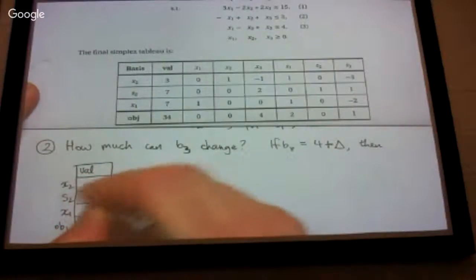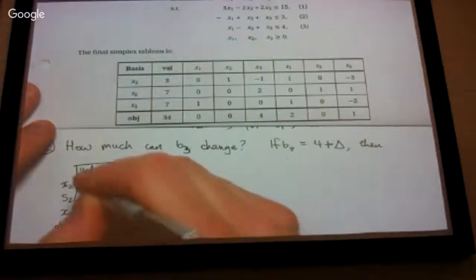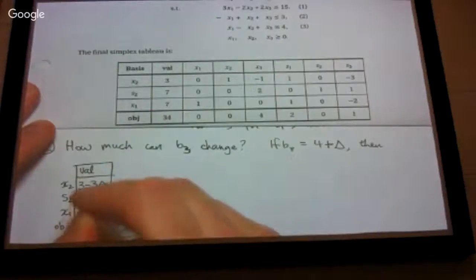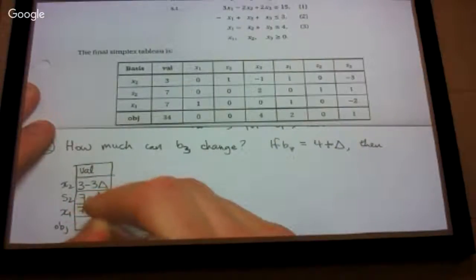It's the new ones. The new ones, yeah. What are they? 3 take 3 delta. Yeah, that's right. 7 plus delta. 7 take 2 delta. 34.